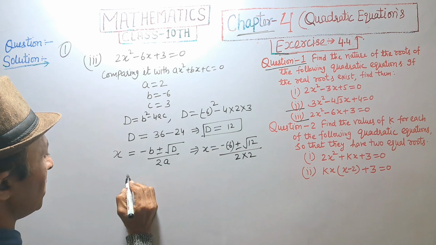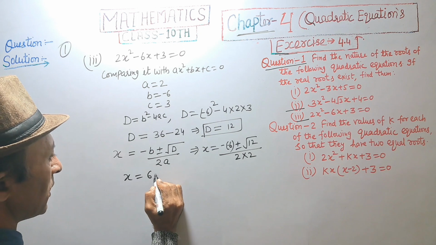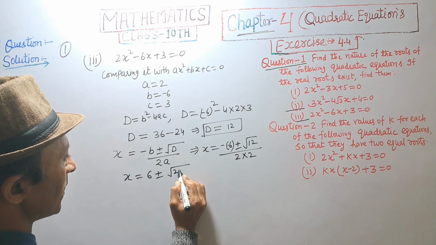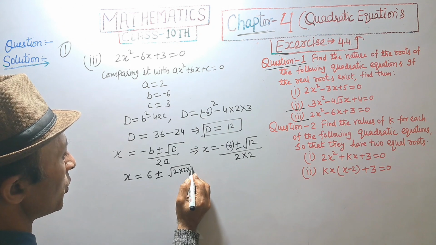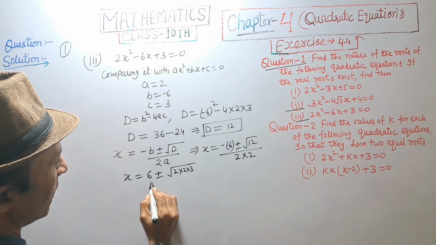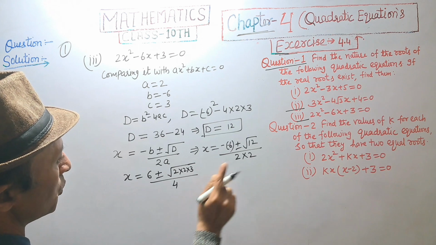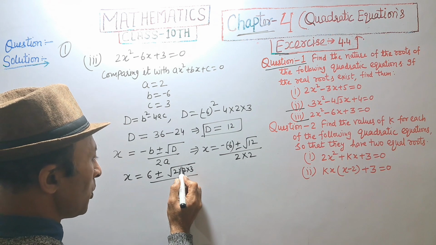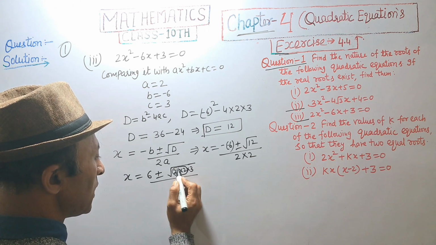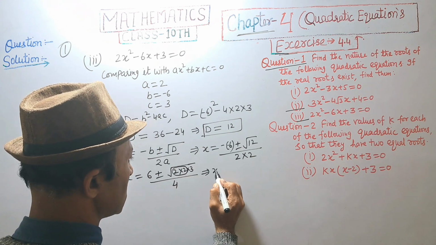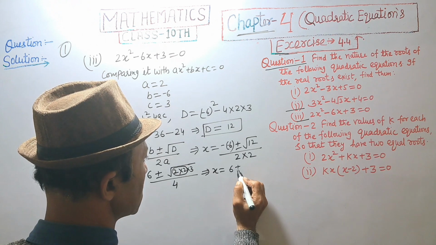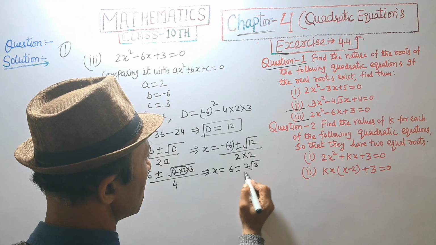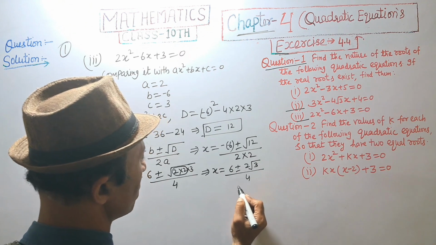Minus minus, that will be positive 6 plus minus root 12, which can be written in prime factorization method as 2 into 2 into 3, one pair of 2 taking common in root. This implies x is equal to 6 plus minus 2 root 3 upon 4.